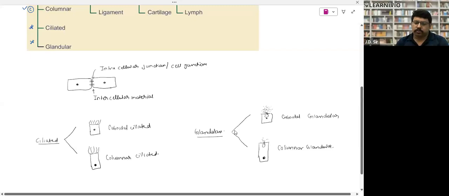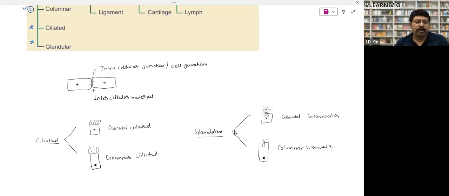Yes, sir. So note it down for glandular. Glandular tissues are those tissues which make part of a gland.